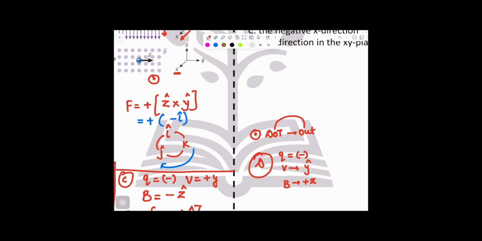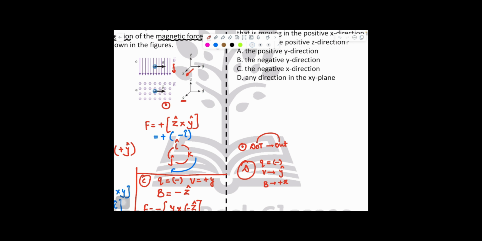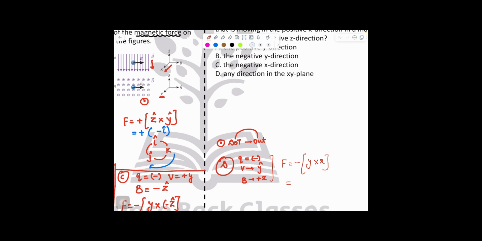Okay, I'll make it a little bit small. Now just solve for the value of force. F is equal to negative bracket y multiplied by x. If you are multiplying y by x, then what should be the answer? Just tell me. Negative, they are reverse, y and x are reversed, so it should be negative k or negative z.